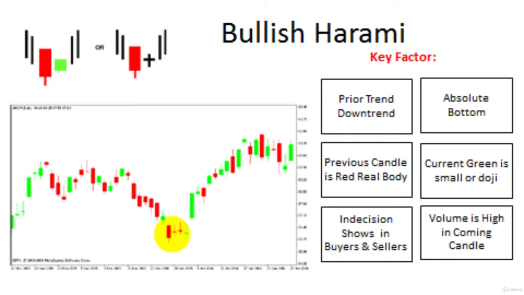Now we discuss the next candlestick pattern called bullish harami. As the candlestick pattern formation shows on your screen, there are two patterns. The first pattern is a big red real candle body that creates a low or bottom, and on the next candle we see a small green candle which is undershadowed by the previous red candle.